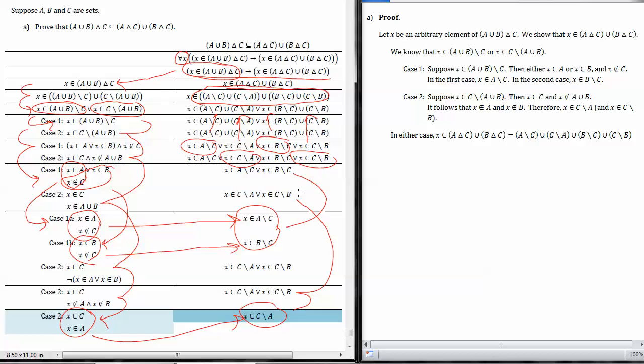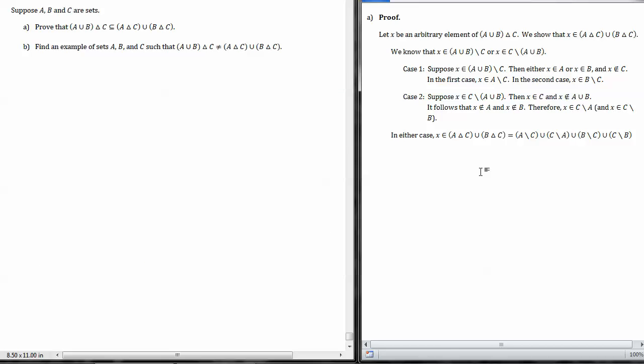And now for part B, which is going to be quite a bit quicker, I have got the answer down there for us already, or one answer I should say. Find an example of sets A, B, and C such that these two sets are not equal. Remember, we know that the left set is always a subset of the right set, but in general the right set might be larger.